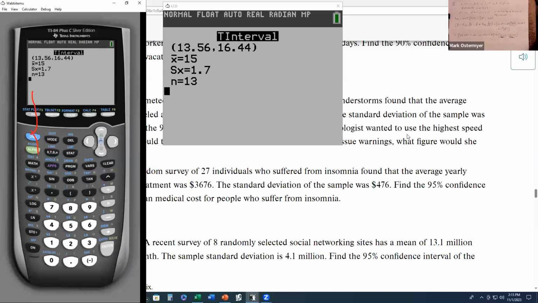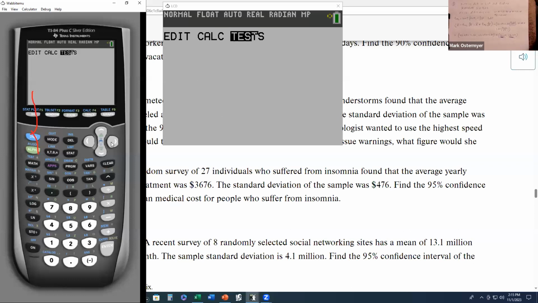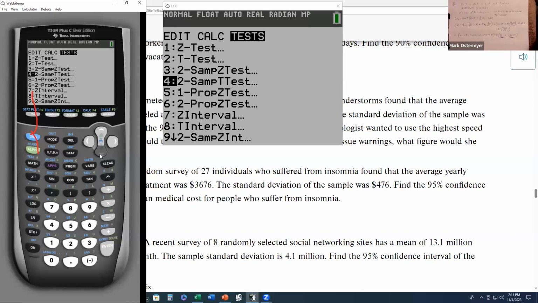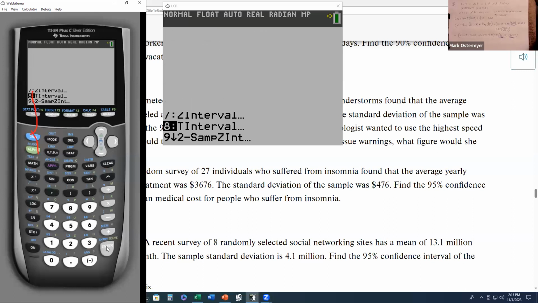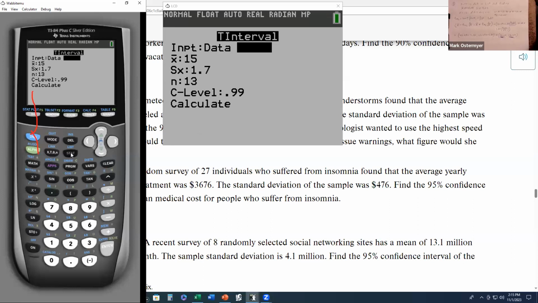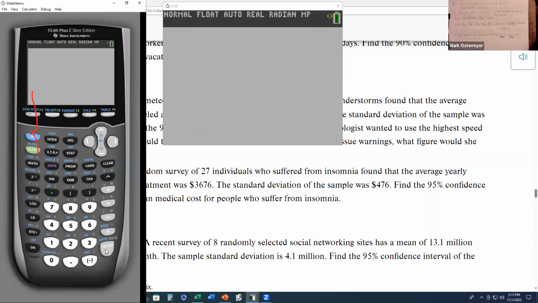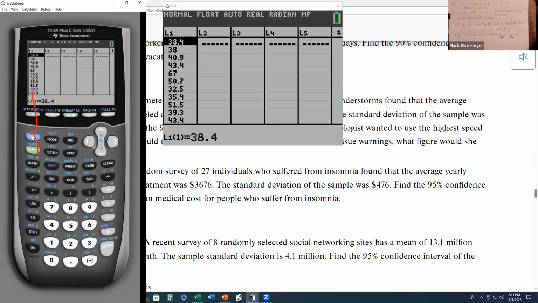Now, the last problem we had a raw data set, and I forgot to mention that when you build a confidence interval for a raw data set using your T interval function, if you have raw data in your list, I don't know if I still got that data in there. I'm going to see. Yeah, I do right here. Okay.